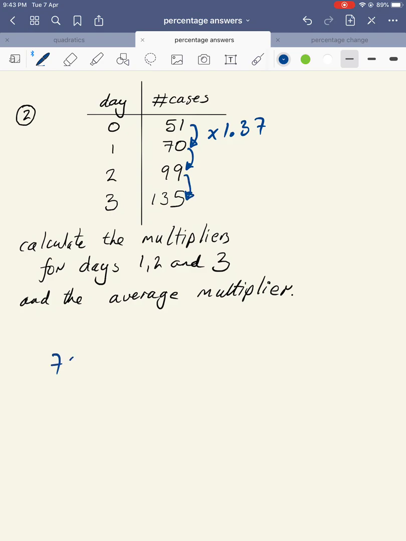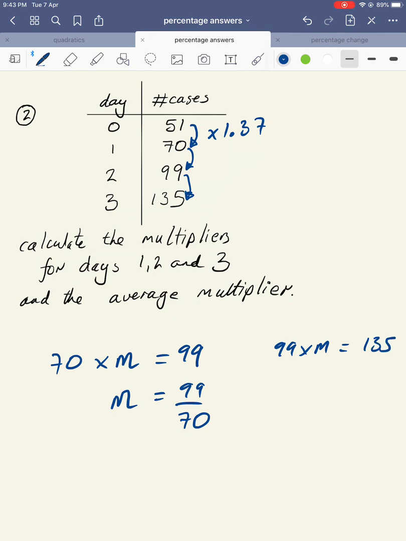So 70 times by another multiplier gives us 99. So this second multiplier is 99 divided by 70. And we could have 99 times by m to give us 135, and that multiplier would be 135 over 99.